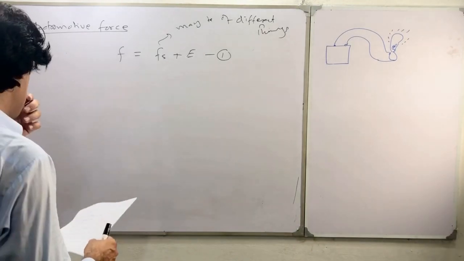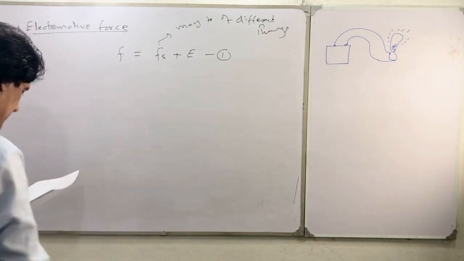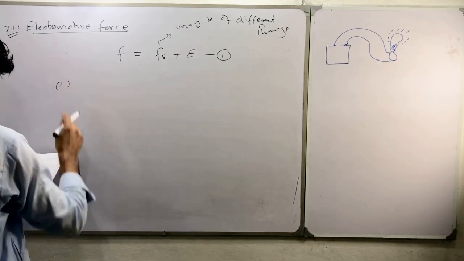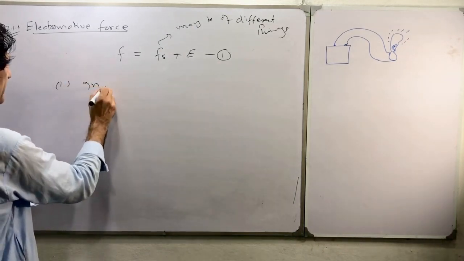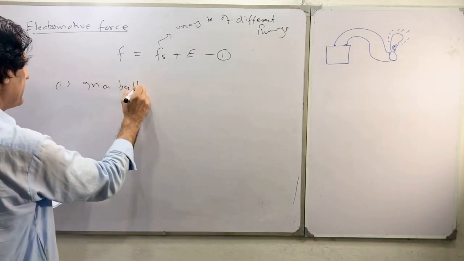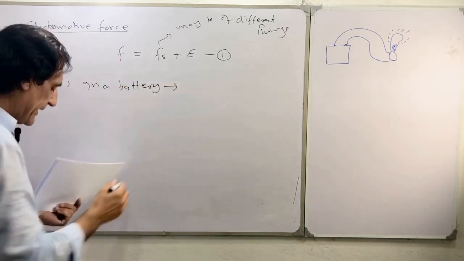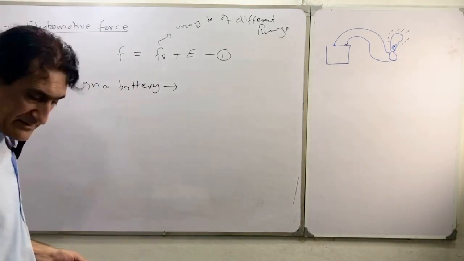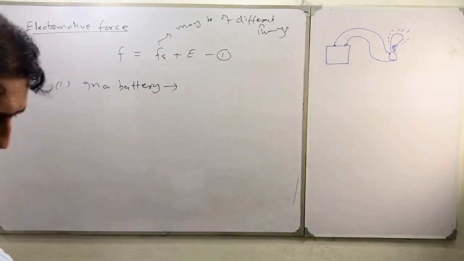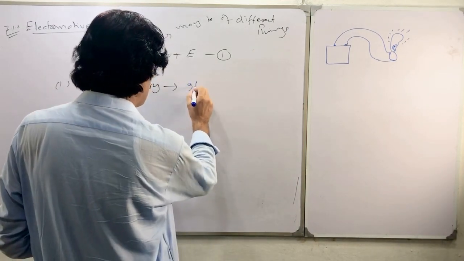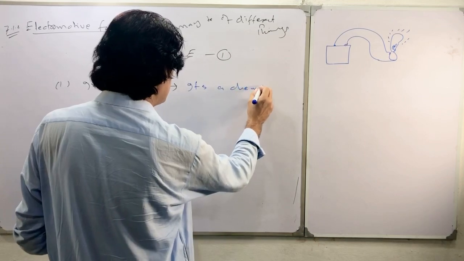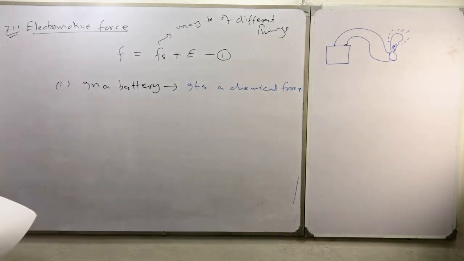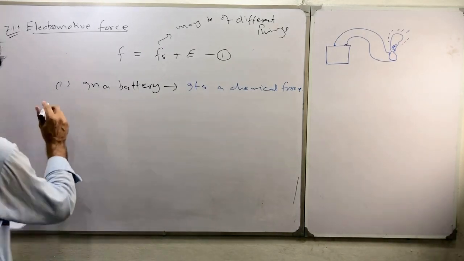For example, number first is in a battery. If we consider a battery, then what will happen in the battery? It's a chemical force provided by that battery.